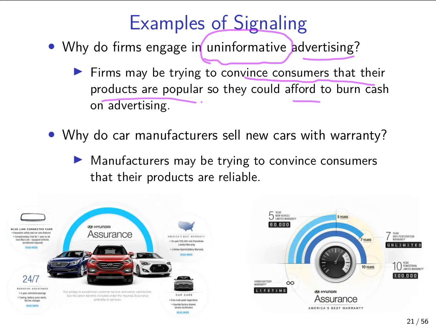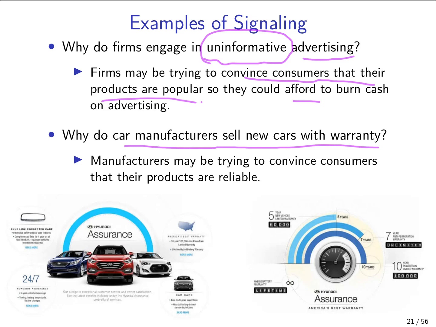So that's one example. The other example is why a car manufacturer would sell a new car with a warranty. A warranty is, say, 3 years, which is typical for new cars. Basically, if you have any problem with the car, some quality problem, you can return it, and the manufacturer will fix it for you.